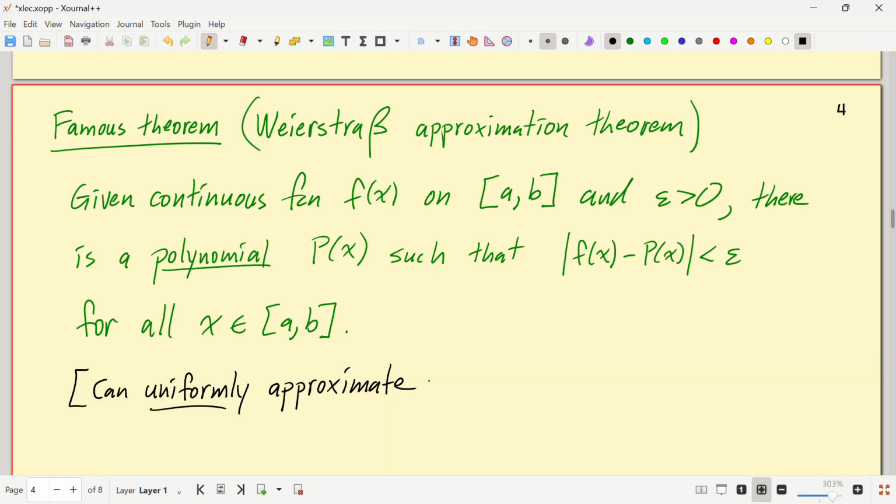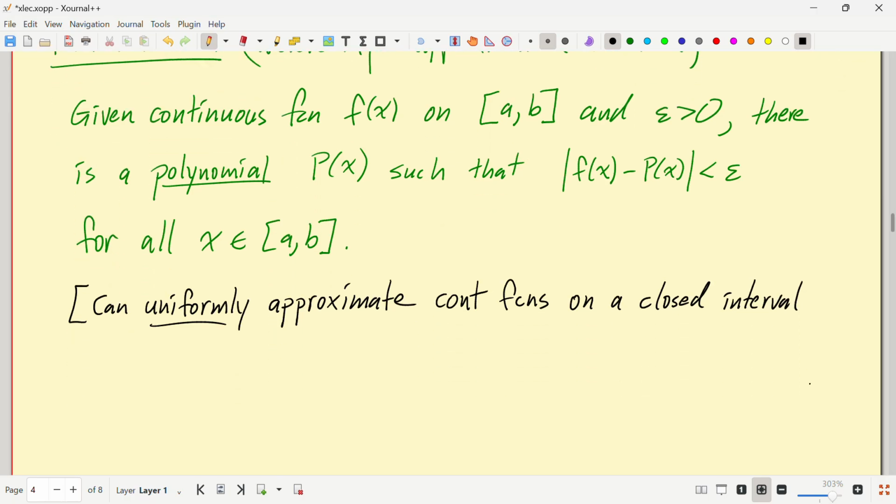Well, there's lots of proofs of Weierstrass's theorem, and they're all kind of fun and interesting. The simplest ones use integration, so that's why we're going to save it for later. So we can uniformly approximate continuous functions on a closed interval by polynomials.